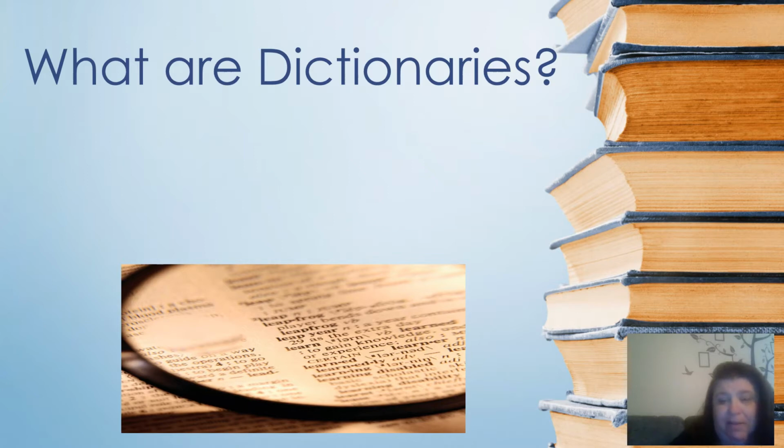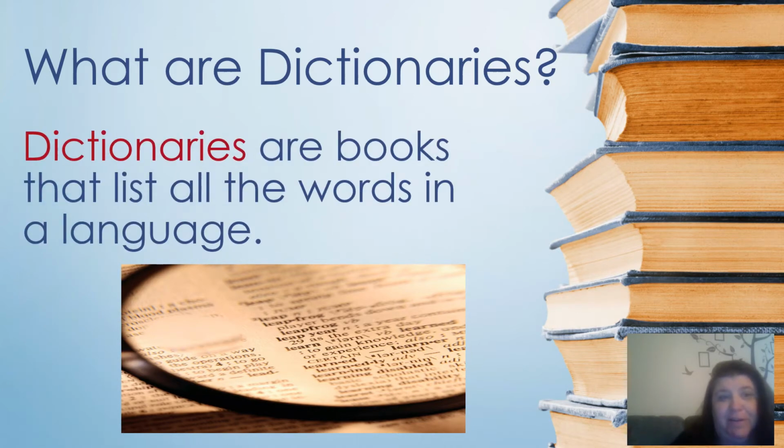So, what exactly is a dictionary? We just know that a dictionary is a book that lists all the words in a language. Dictionaries are updated every year. New words are added every year. Slang words, new words are just added to the dictionary. If you had a dictionary that's 10 years old, it would be missing many words.